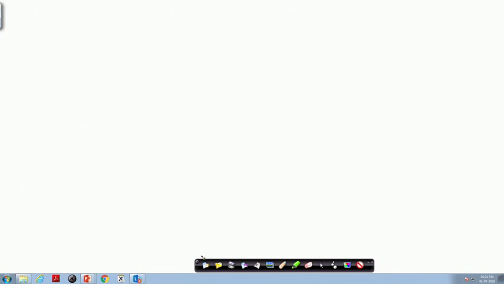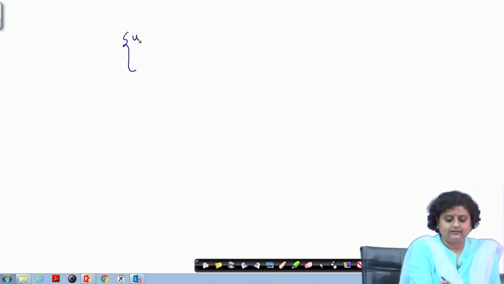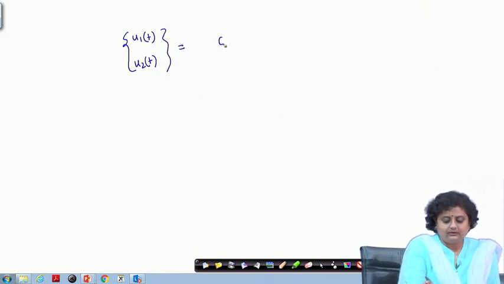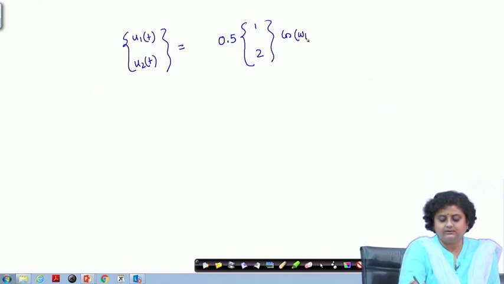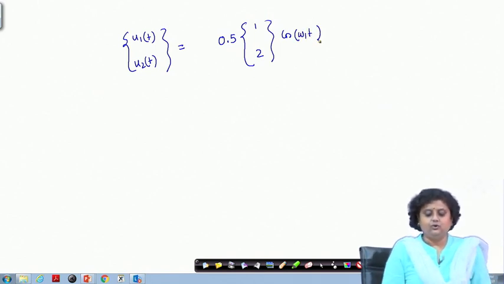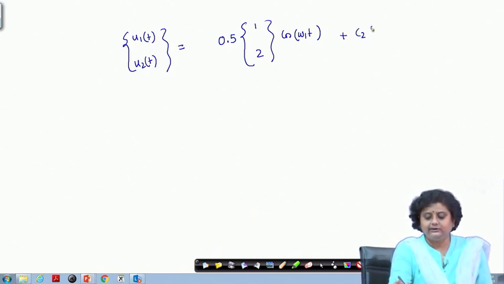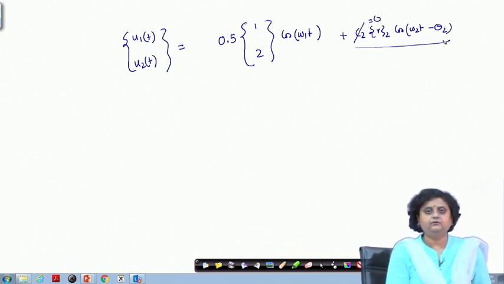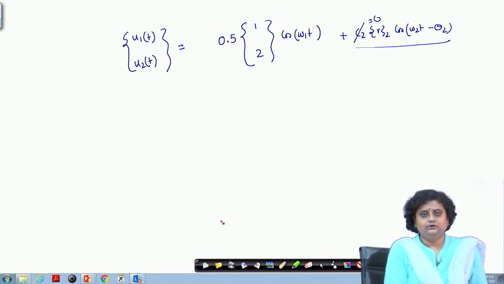So, if we assume this, then we get the solution as u1 t and u2 t as C1 is 0.5, R1 is 1 and 2 and then cos omega 1 t, theta 1 is equal to 0. The C2 part, which is C2 into R2 into cos omega 2 t minus theta 2, this C2 is equal to 0. So, this whole part of the solution is going to 0.